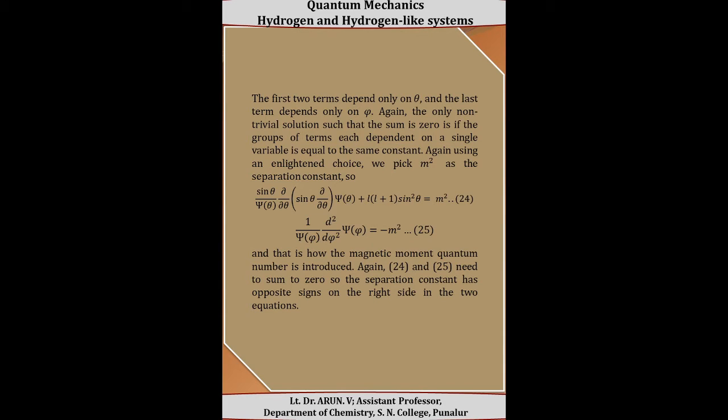The first two terms depend only on theta and the last term depends only on phi. Again, we get non-trivial solutions to this equation only in such a way that the terms which depend only on theta, the first two terms, and the term that depends only on phi, are separately equal to another constant.